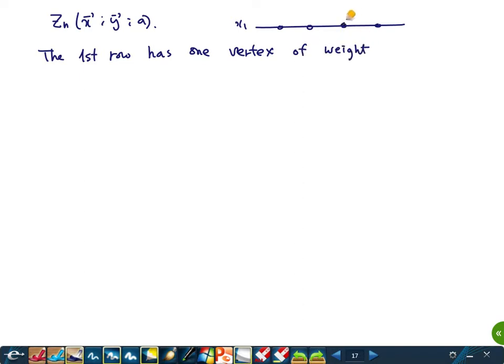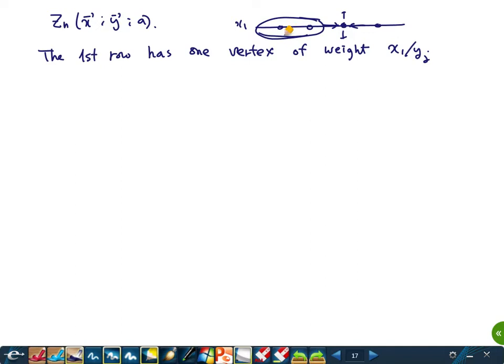If we have something like this, then the weight will be x1 over yj, if this is in the jth column. Okay? And we already saw that in the first row they are fixed.